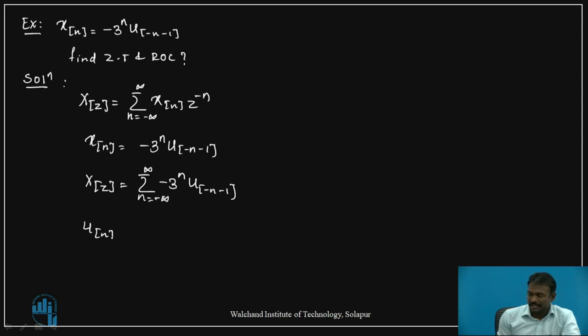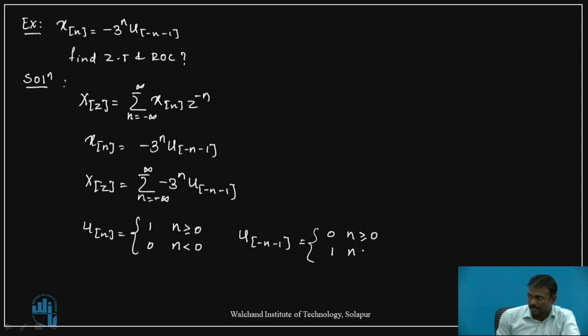So u of n is equal to 1 for n greater than or equal to 0, and u of n is equal to 0 for n less than 0, where u of minus n minus 1 is a modified version of u of n, and this is defined as u of minus n minus 1 is equal to 0 for n greater than or equal to 0, and it is equal to 1 for n less than 0.